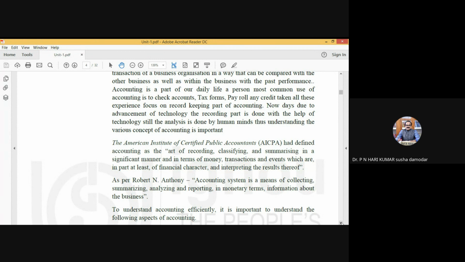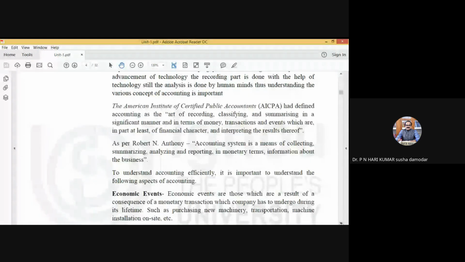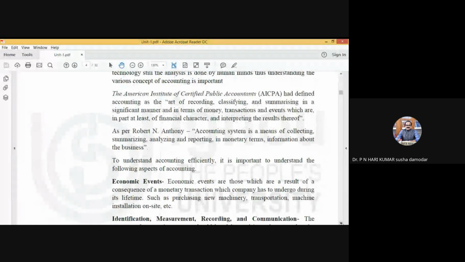This definition is almost similar to the definitions already explained. So try to learn any one of the definitions.